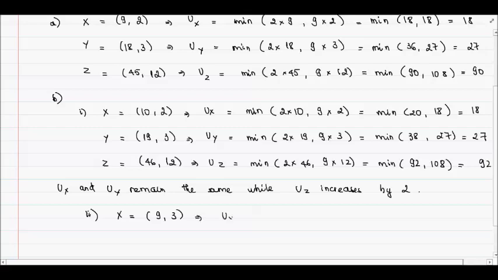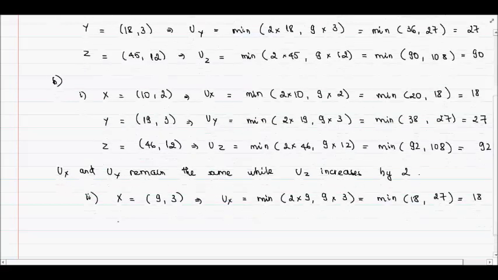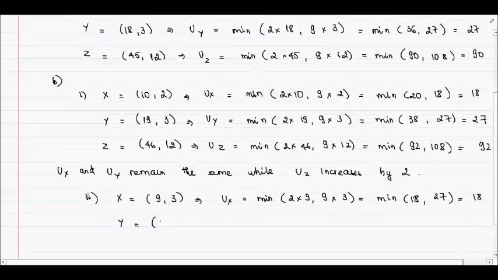So the utility of X now becomes the minimum between 2 times 9 still and 9 times 3, which is the minimum between 18 and 27, which is still going to be equal to 18. For bundle Y, it's now still including 18 units of bread and 4 units of cheese.